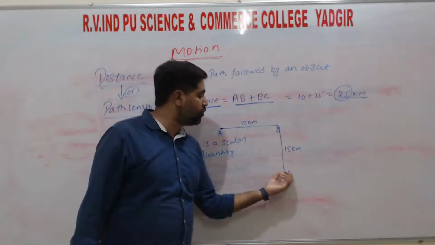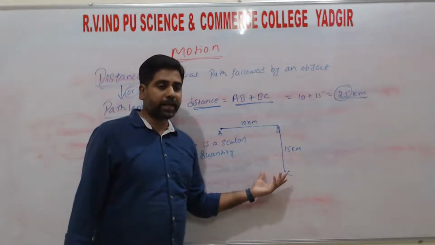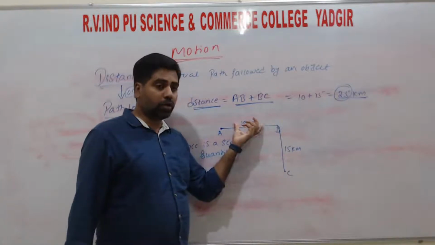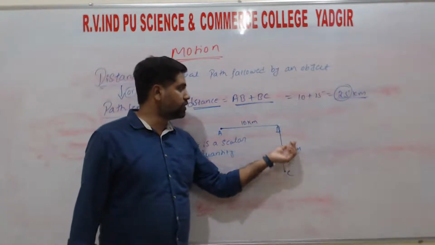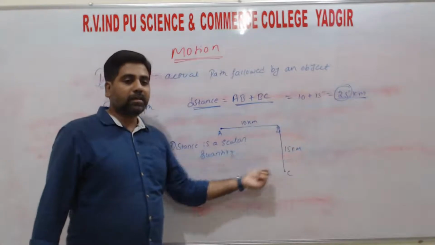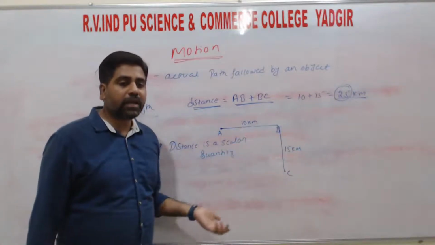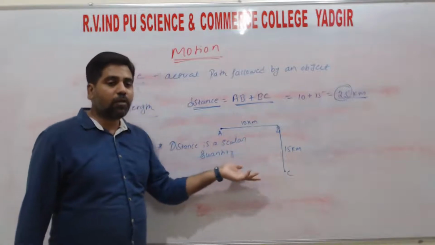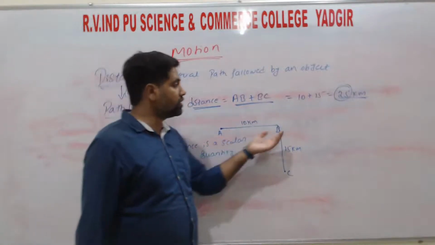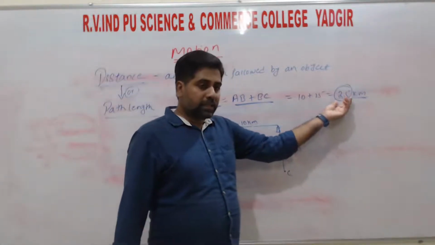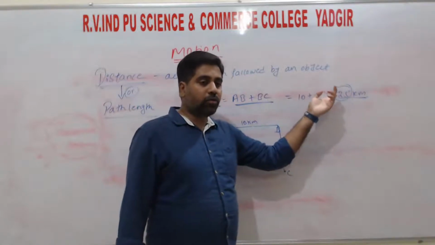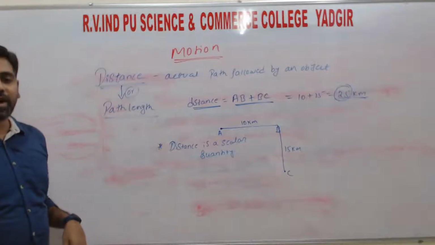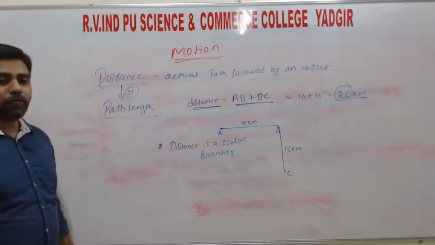Later it travels from B to C, that is along the vertical. Then the distance from A to C, the total path covered, is 10 plus 15, 25. But there is no mention of direction, that is, from A to C in which direction it is followed, right? So for that reason, distance has only magnitude and no direction, hence distance is a scalar quantity, right? So this one is the first point.